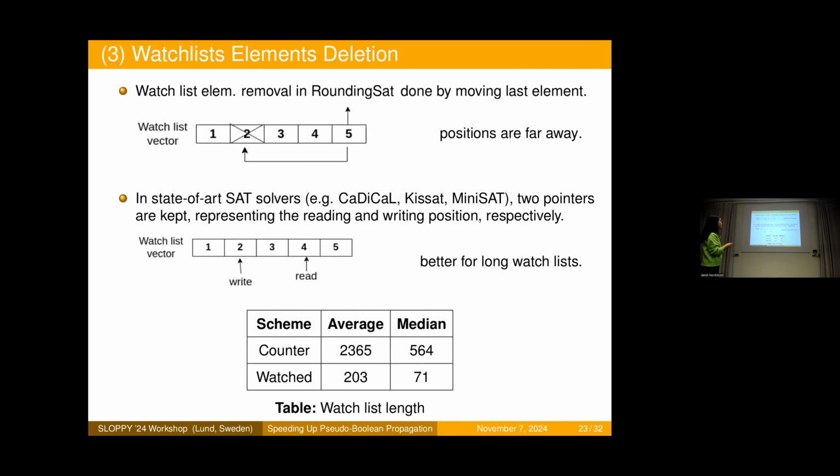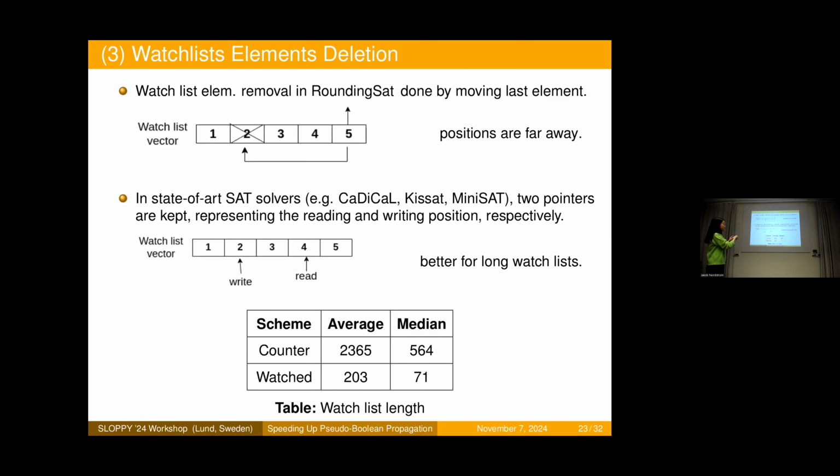So the next step is about this watch list element deletion. We know that from time to time, some elements have to be removed from the watch list. In RoundingSat, for example, if we need to remove this element, we just copy the last one here and remove this one.